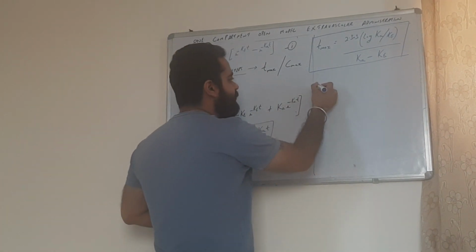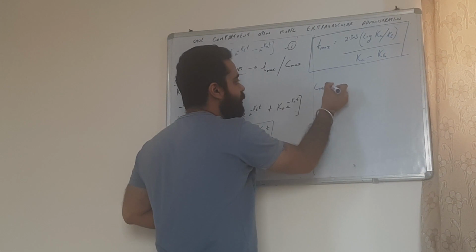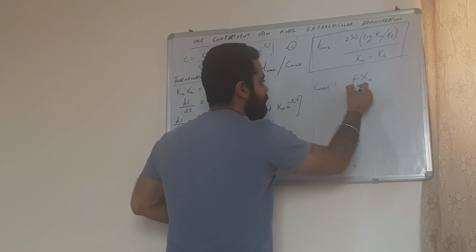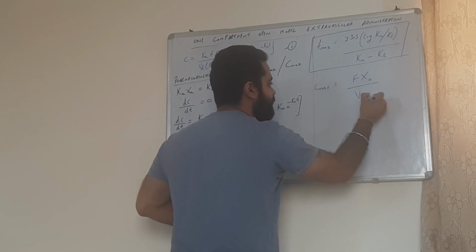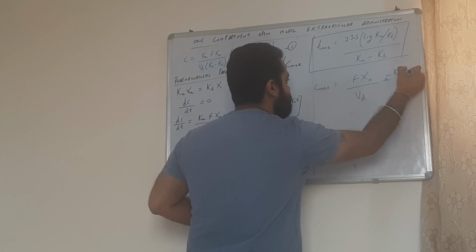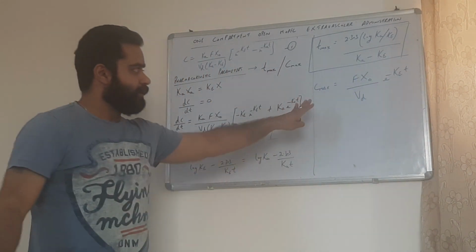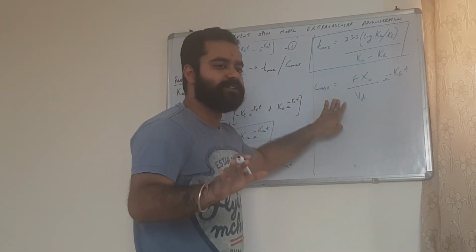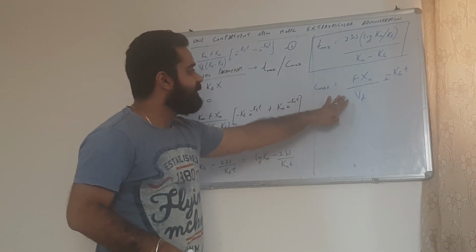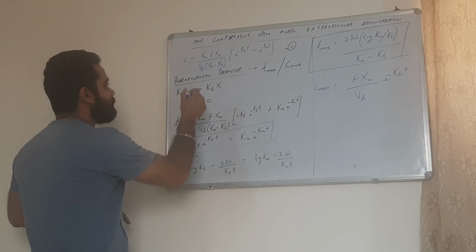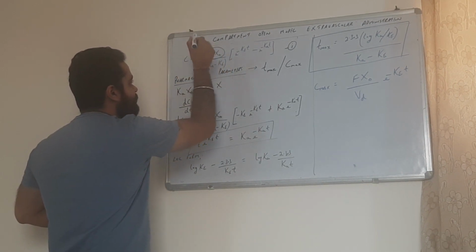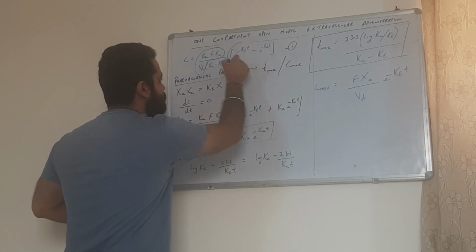Now similarly, the value of Cmax is going to be F X naught divided by Vd e to the power minus Ket. This expression, we do not have to derive, that is not required at your level, at the D.Pharm level. Now, we get this expression from this value, Ka, this term, and this term.